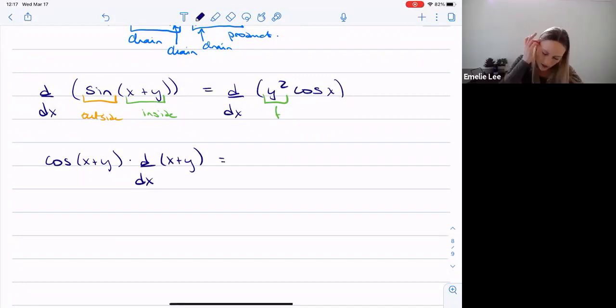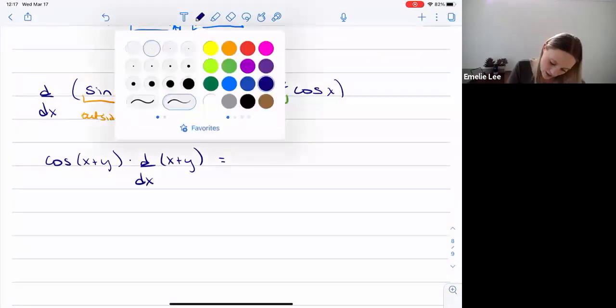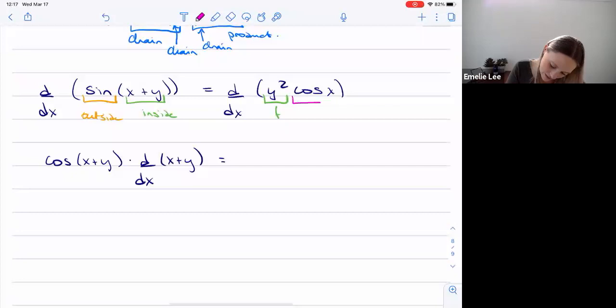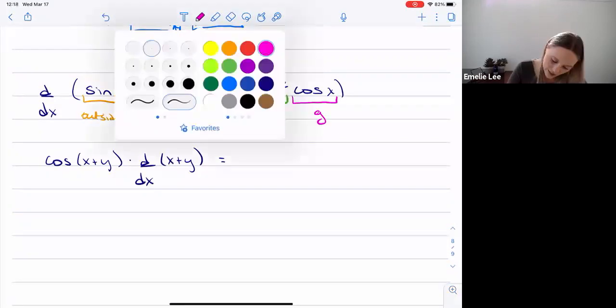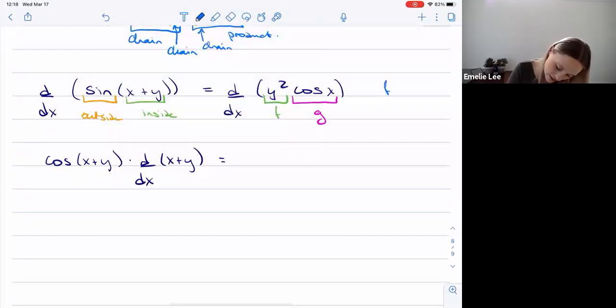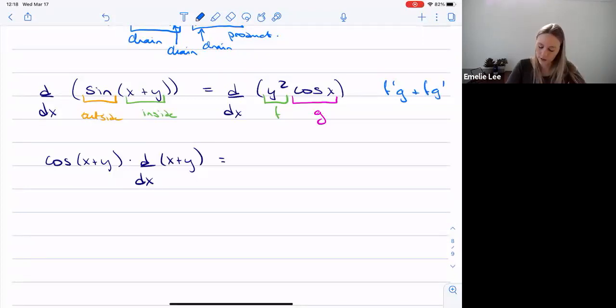So then here, if I treat my first function as the y squared, remembering that itself is going to need a chain rule, that's where it gets a little bit dicey. And then here, I'll let this be g. So I'll just jot down that I'm going to need f prime g plus f g prime, just as a quick reminder to myself mostly.